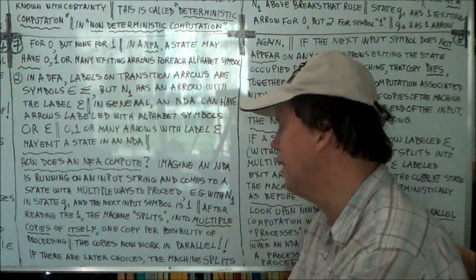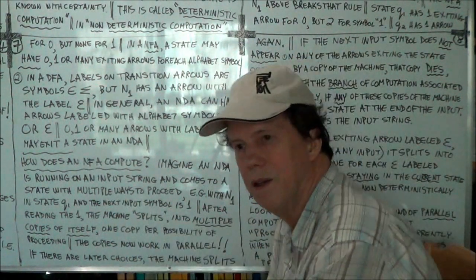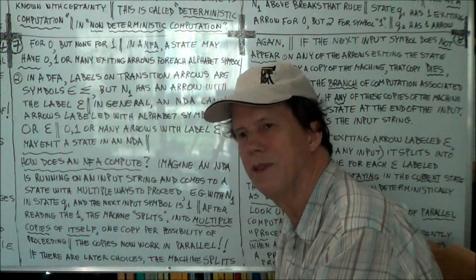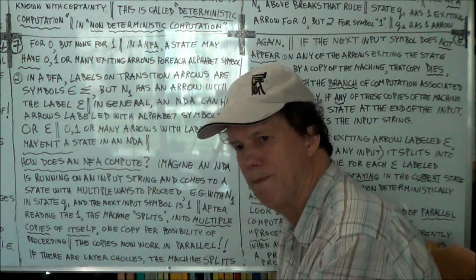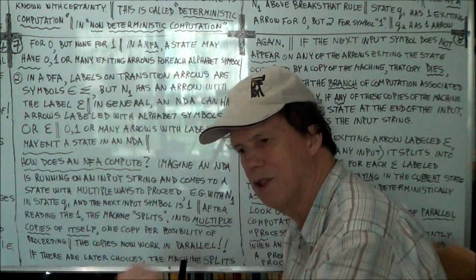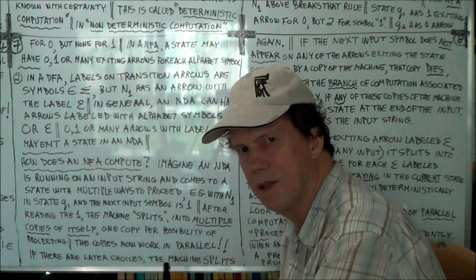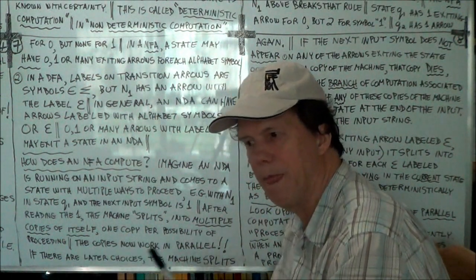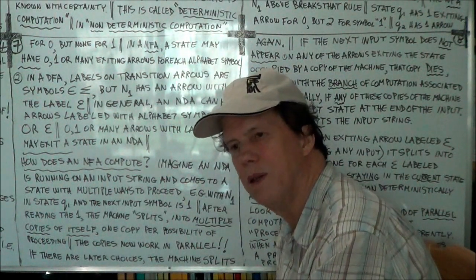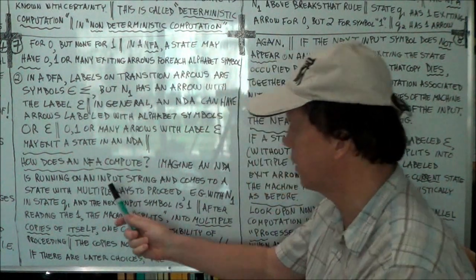Now when that happens, an NFA performs some magic, and it makes a copy of itself, and one copy of the machine just proceeds along one of the next states, and the other copy's next state would be the second possible next state.